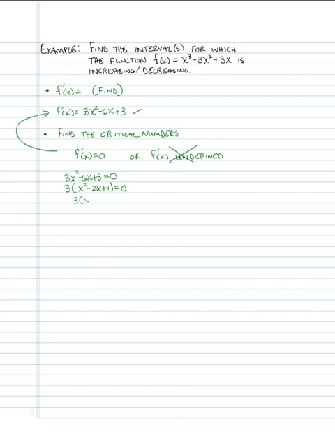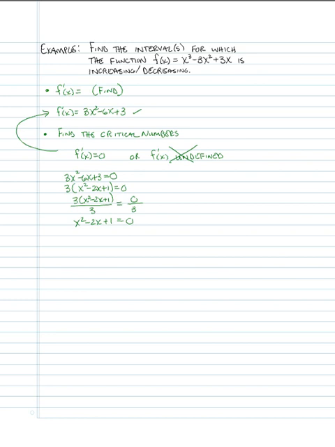I would just divide both sides by 3. Since that 3 is a common factor in the numerator, when I divide by 3, that's going to go away, isn't it? But I've got to divide the other side by 3. And on the left side, that simply leaves x squared minus 2x plus 1, and on the right side, 0. So we have an easier function to deal with.